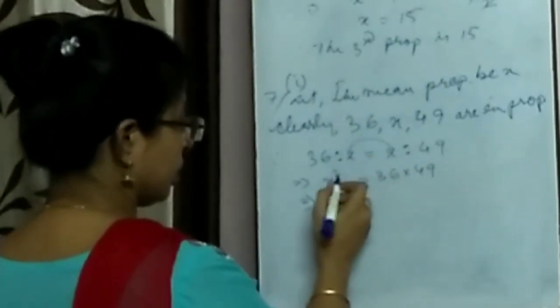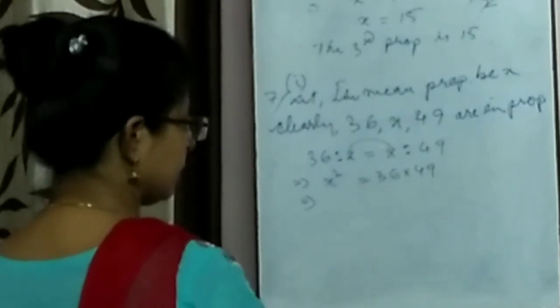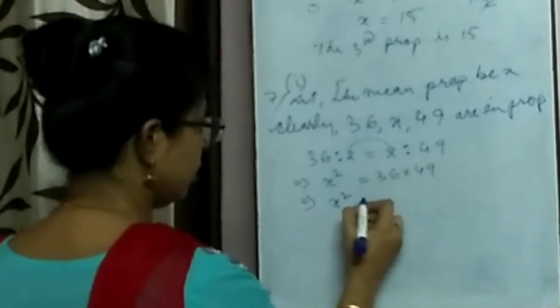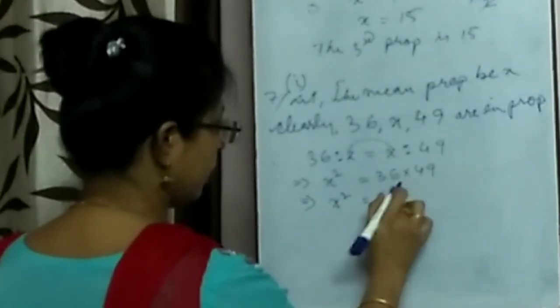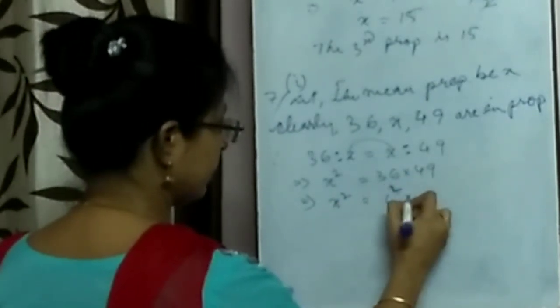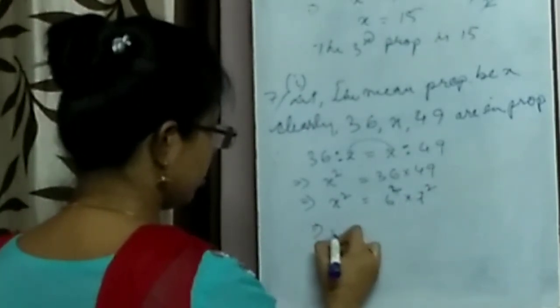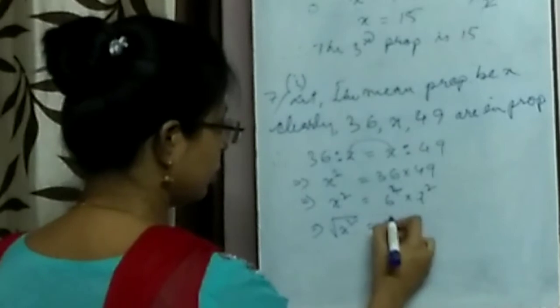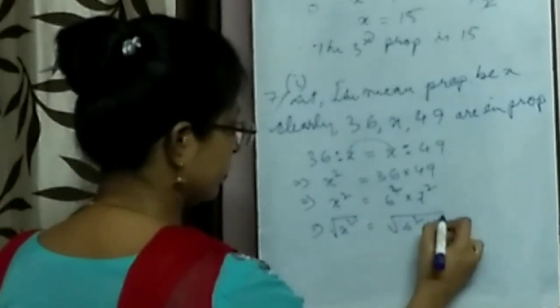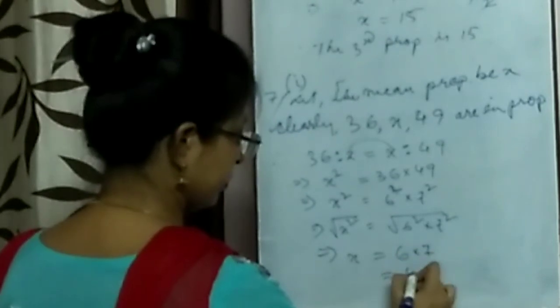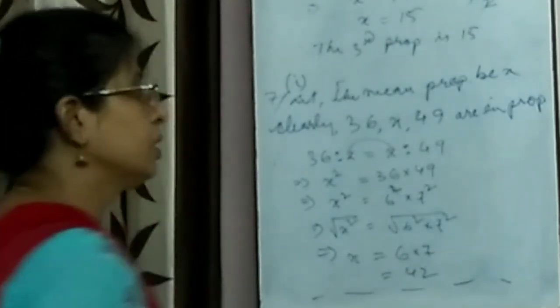Now it's very important, as this x is a square term, the other two also have to be expressed as squares. It is 6 square and this is 49, 7 square. So on both sides you take the root, got cancelled, therefore the mean proportion is this.